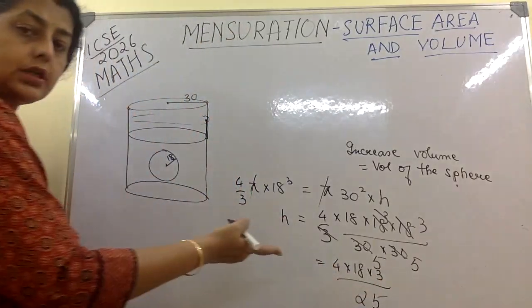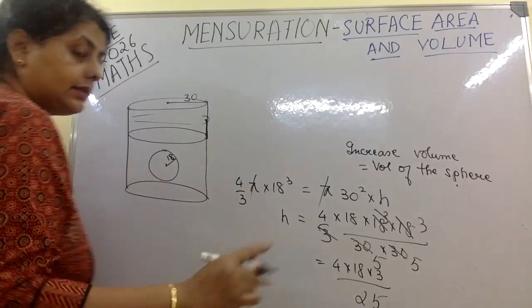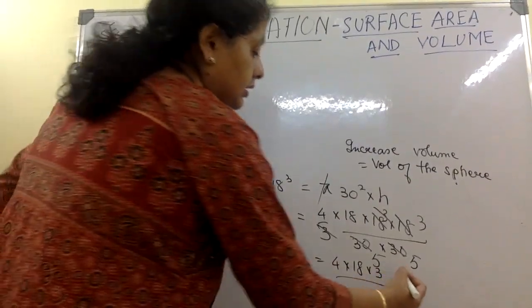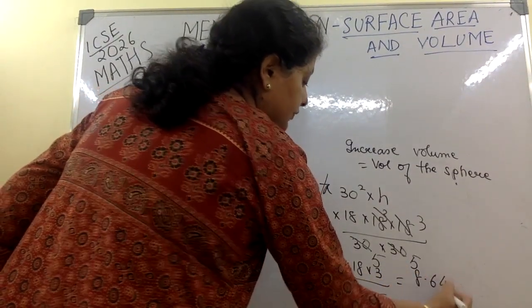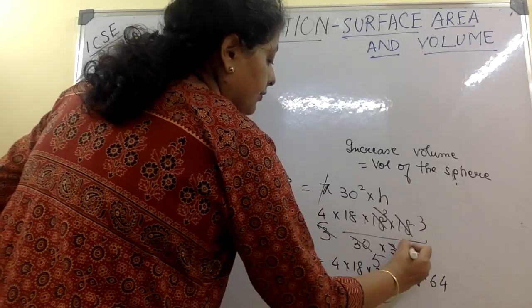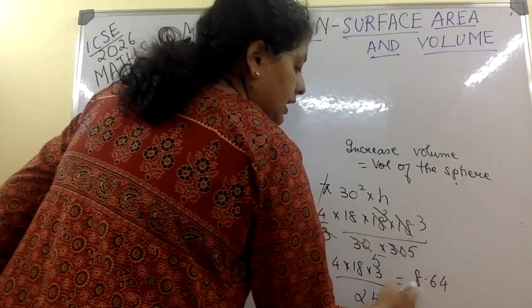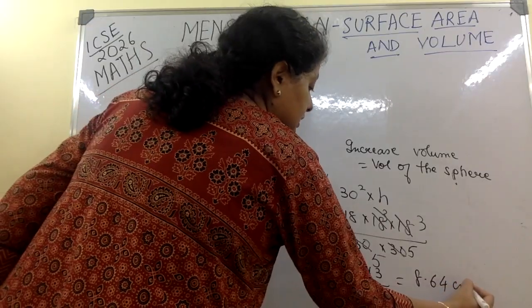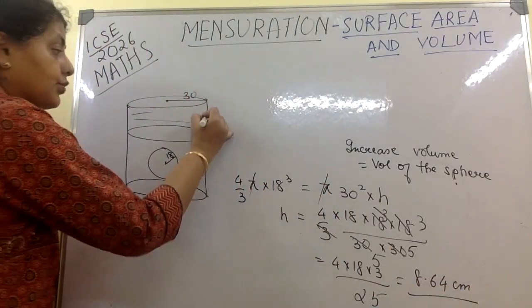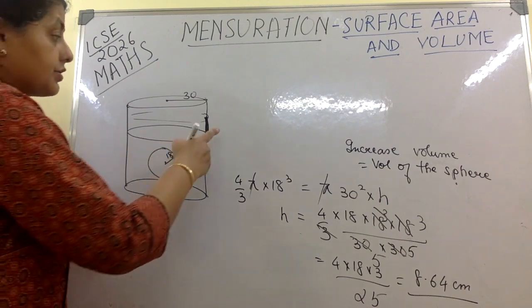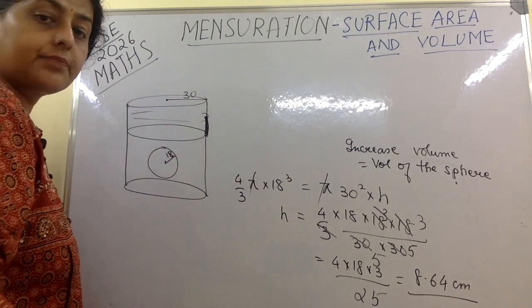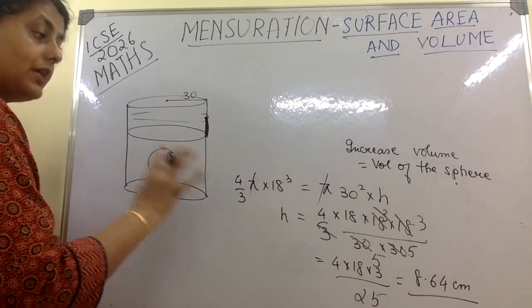So this much working you have to do. Okay, and that comes to 8.64. Now this is in centimeter because you are finding only this length. Okay, so this was the sum, very simple.